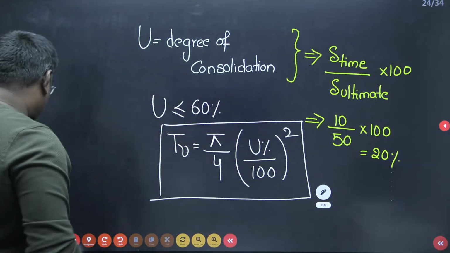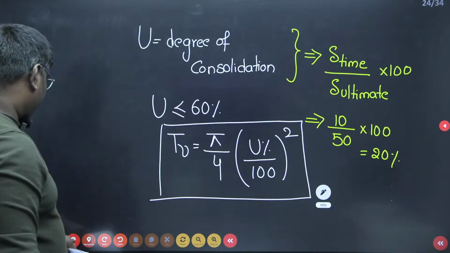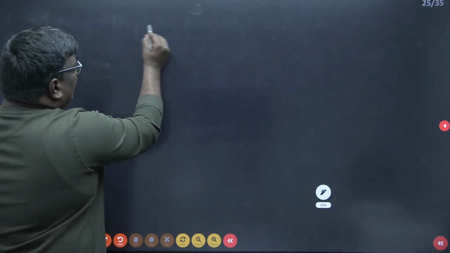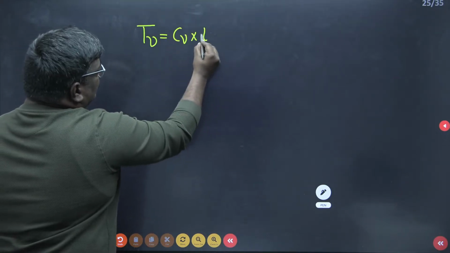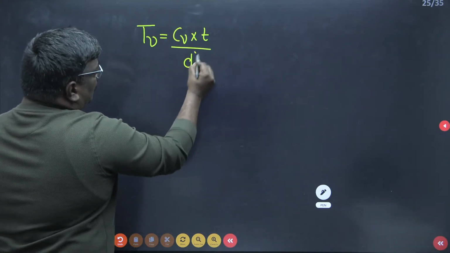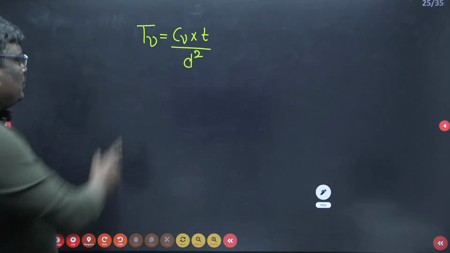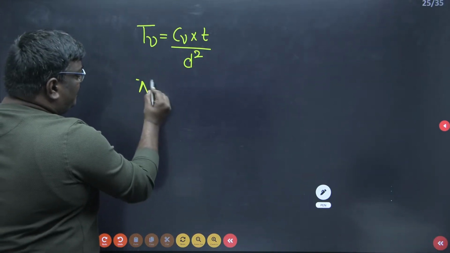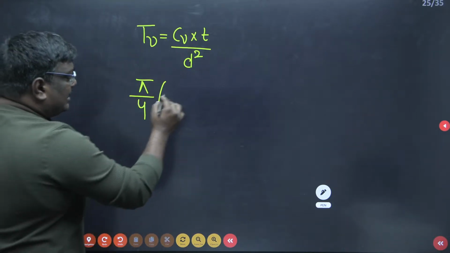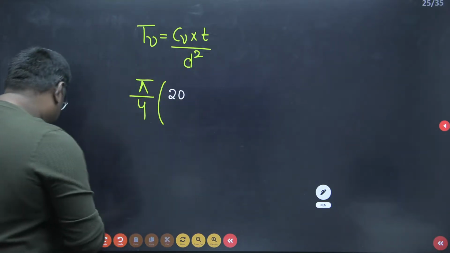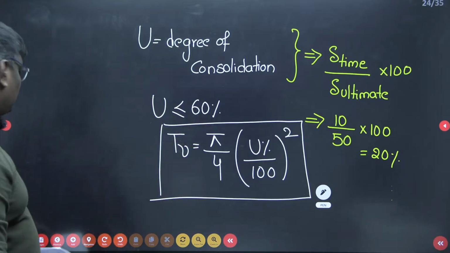Now see students, time factor is also given by the formula Cv into t upon d square. So time factor can be written as pi by 4 into U percentile by 100. We got the degree of consolidation as 20 percentile.